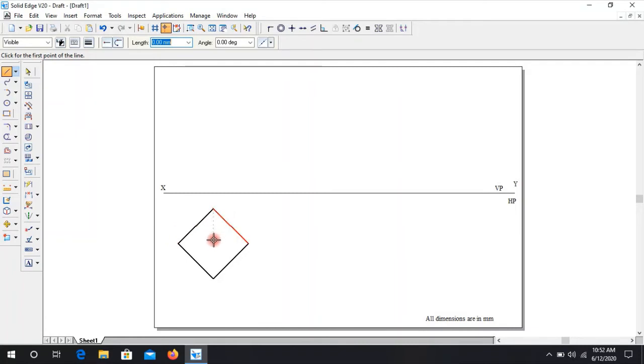We have to indicate the apex also. To indicate the apex, join corner to corner, corner to corner. So this point will be the apex of the square pyramid, and these are the base corners of the square pyramid. When you observe from the top side, these inclined edges are visible, therefore I will keep these inclined edges thick.